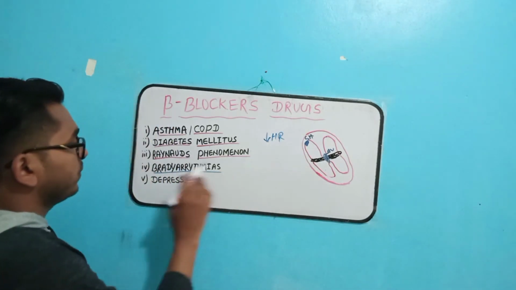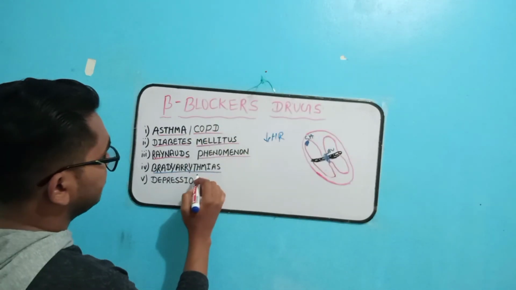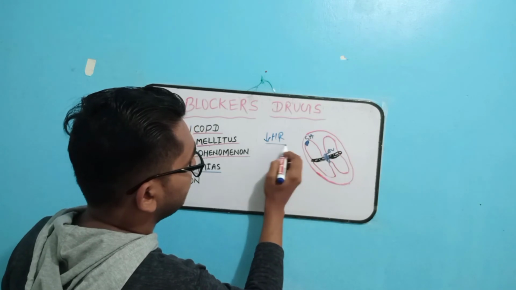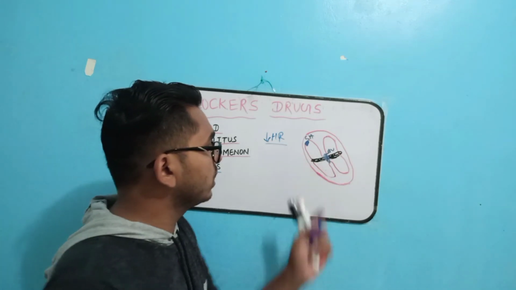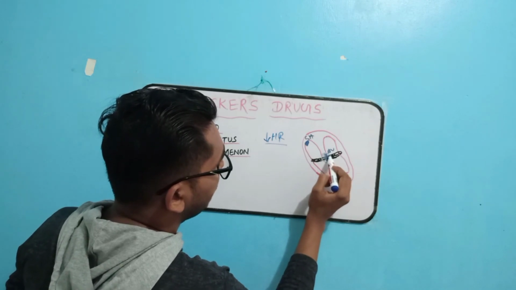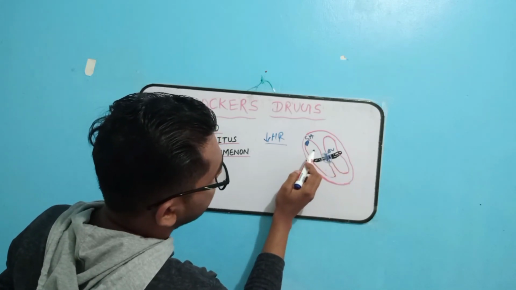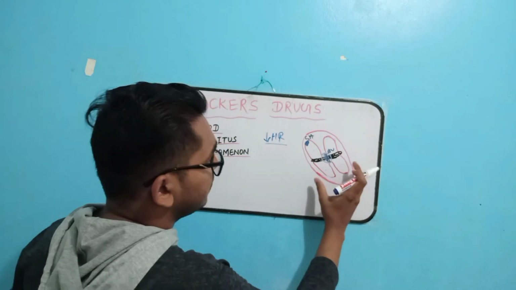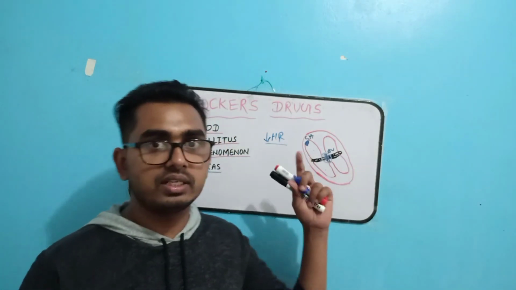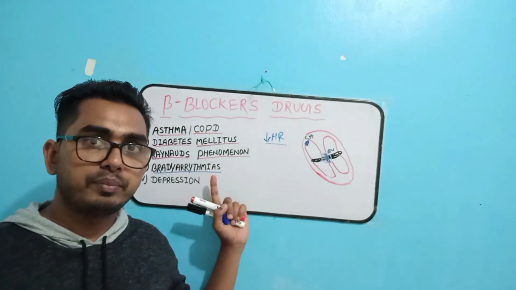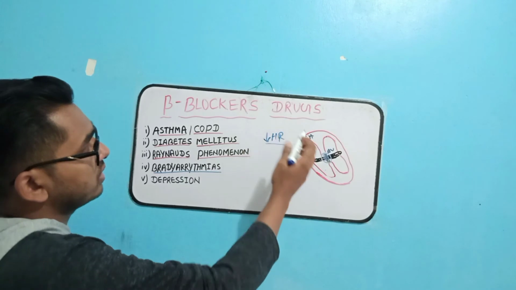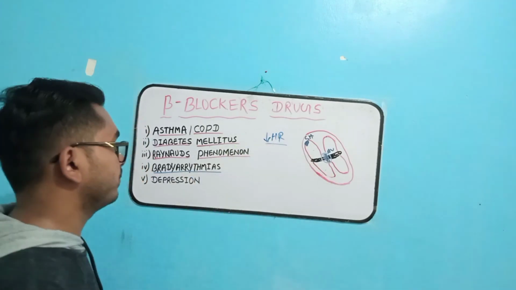If we give beta blocker drugs in this condition, it leads to severe reduction of the heart rate, and that later leads to heart block. So there will be no impulse from the atria to the ventricle, and no contraction of the ventricle, and that leads to a severe condition in this bradyarrhythmia patient. So we have to avoid beta blocker drugs in bradyarrhythmia patients.